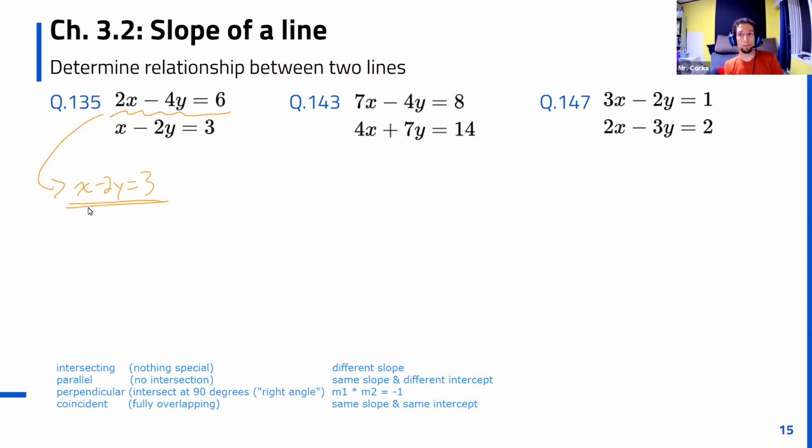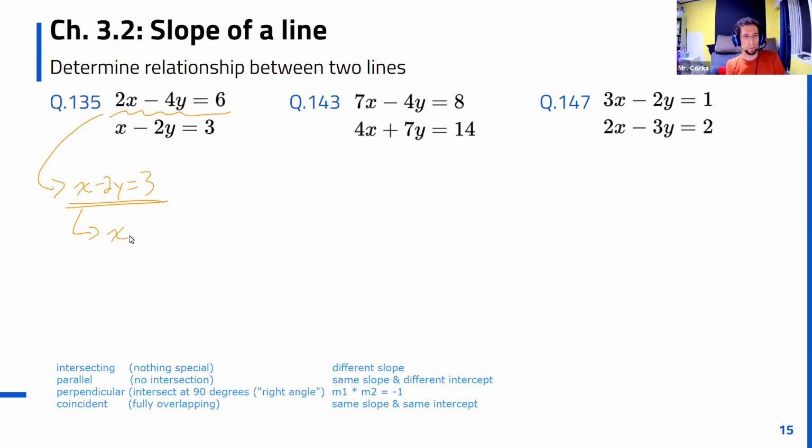Even if we have not yet changed them into slope intercept form, if they're both the same equation, then when we change them, they will be the same slope intercept form. So that must have the same slope and the same intercept. Let's just do that here for thoroughness.